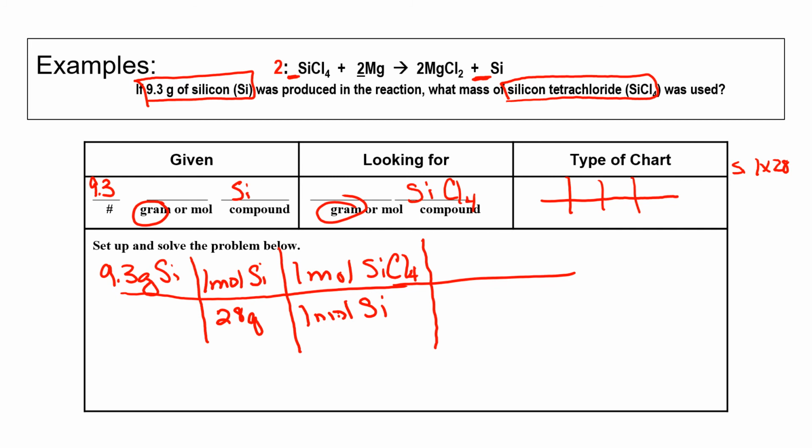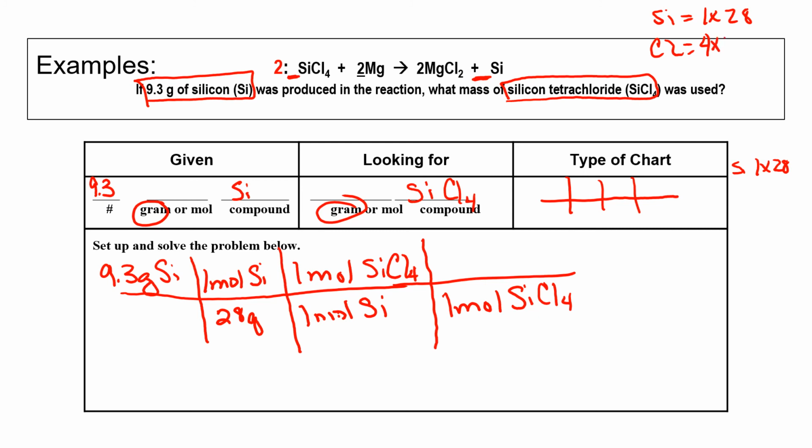Now we need to convert our moles of silicon tetrachloride, SiCl4, to grams of silicon tetrachloride. So we know silicon, 1 times 28, and we know chlorine, by looking at the periodic table, is 36.